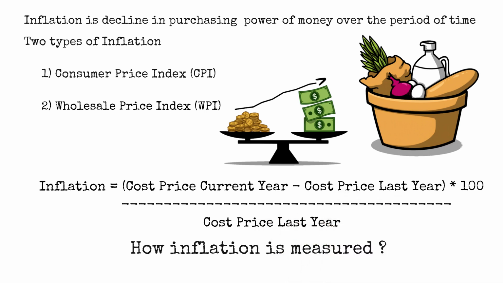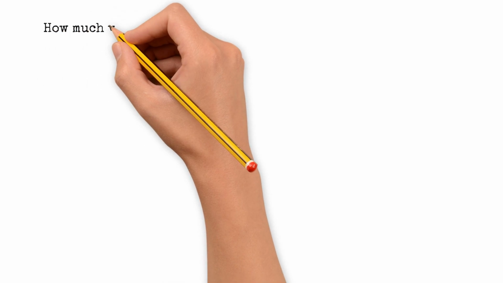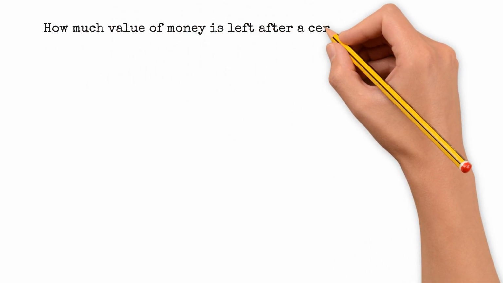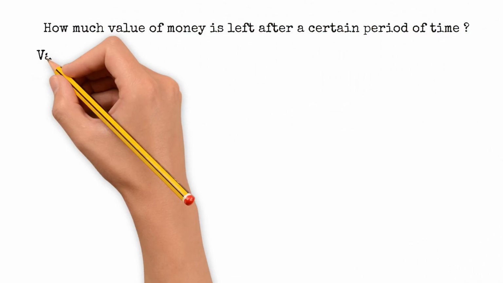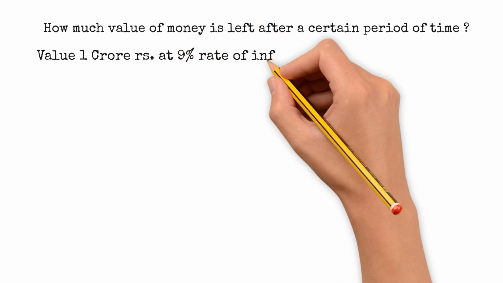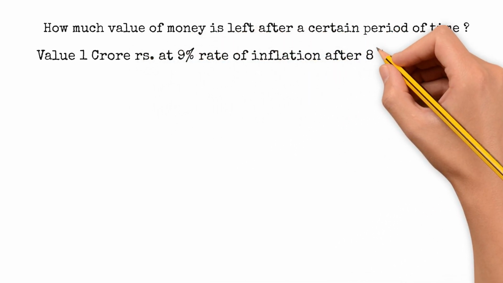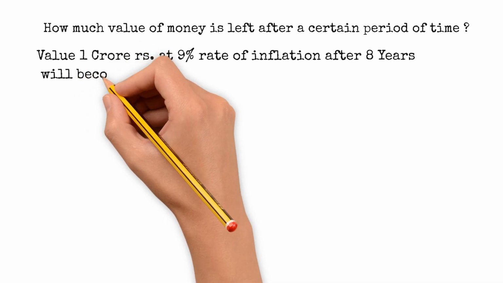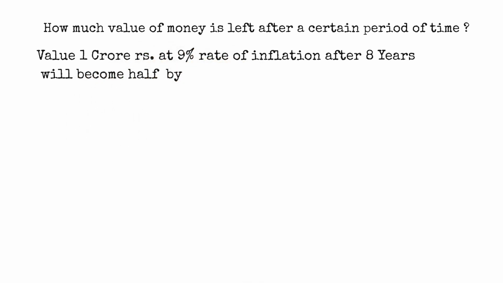So now we know that due to inflation, money will lose value, and to calculate how much value of money is left after a certain period of time, let's say you have 1 crore rupees. Now with 9% inflation practically, how much value will be left after, say, 8 years? There is one simple formula to calculate the approximate value of money that will be left after a certain period of time, and this is the rule of 72.